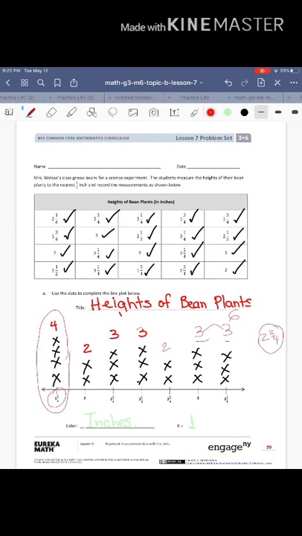So let's check. My line plot here starts with 1 whole and 3/4, and then it moves down to 2 and 2 1/4 and 2 1/2. Okay, but here's the thing. After 2 1/4, what would come next? It will be naming all the fractions in my number line. We did that before already. 2 1/4. The next one will be 2 2/4, because as you see here is 2 3/4.